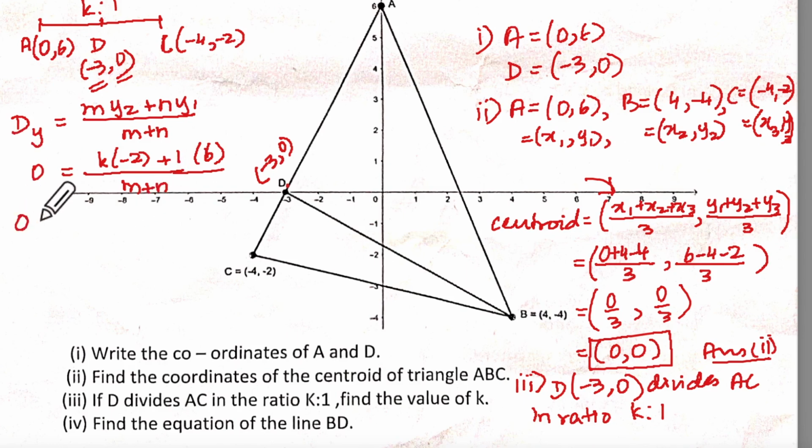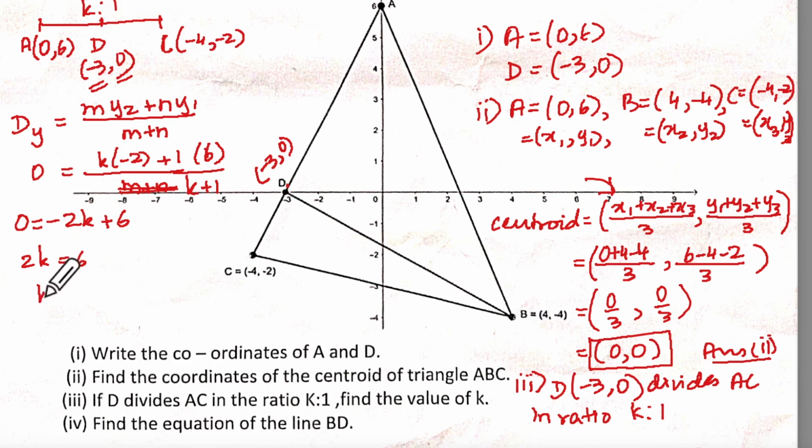When you cross multiply, you get 0 equal to minus 2k plus 6. So m plus n will be k plus 1, no? Cross multiply you'll get 0 anyway. Fine, don't write this, write k plus 1.